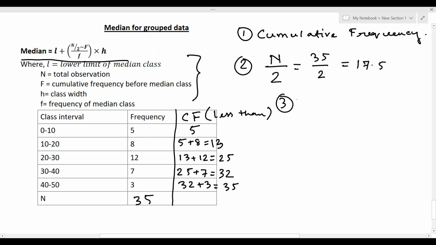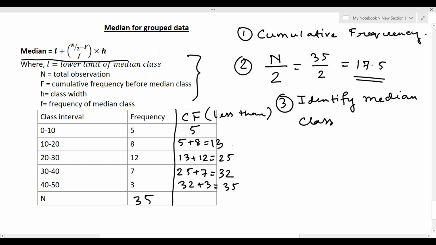Now the next step is to identify the median class. The median class is the class which contains the cumulative frequency which is equal to N by 2 or just higher than the value of N by 2. Here we got N by 2 is 17.5.